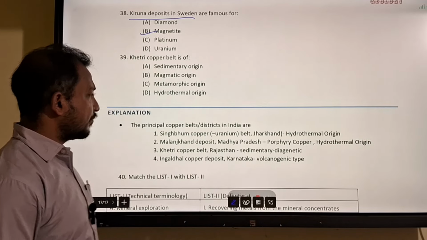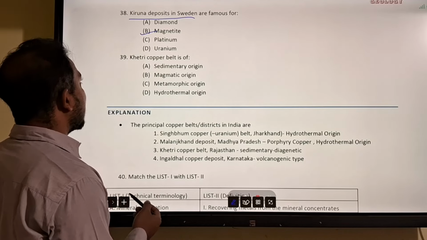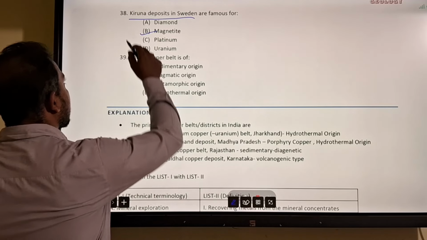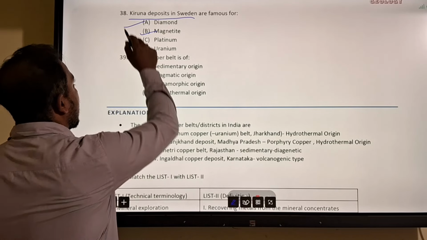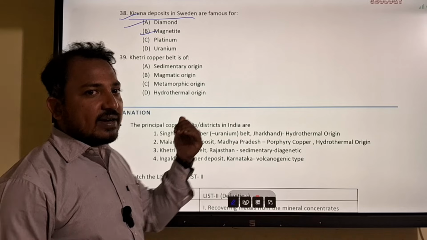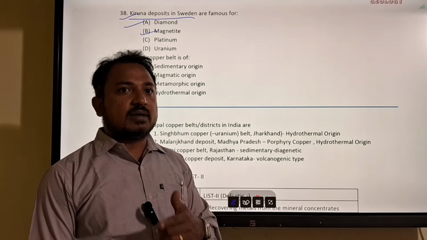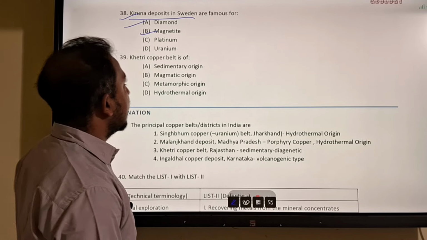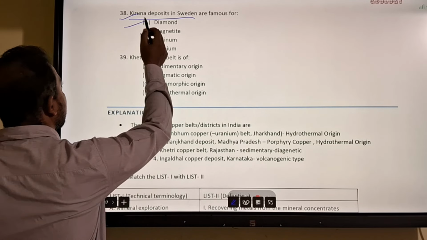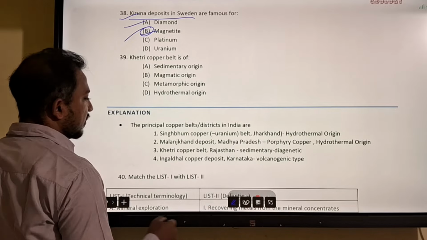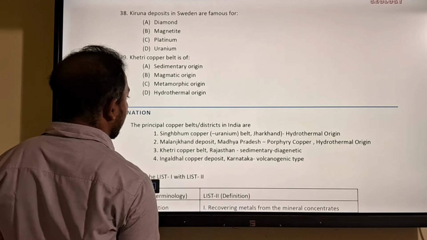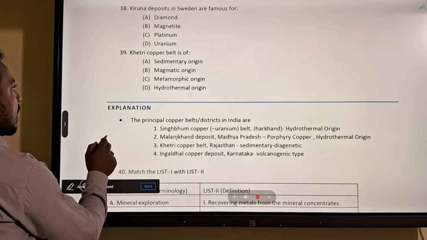This question is something different, as it is about Sweden, but you will find this in Umeshwar Prasad's book where it is given for Sweden. So that's why it is asked here. Just remember, it is in Sweden and it is a magnetite deposit.